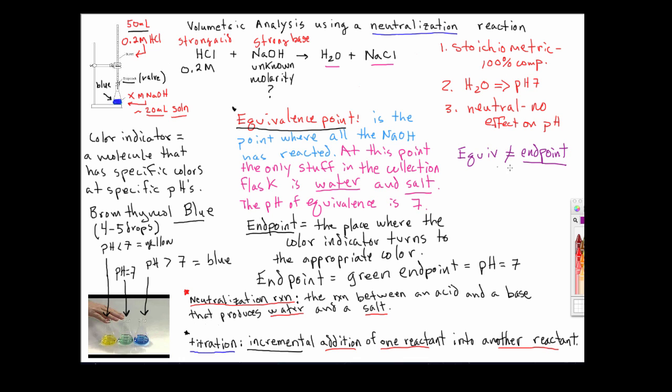The whole issue is that the endpoint of the color indicator and the equivalence point of the reaction need to be suitably close enough together that you can actually use the endpoint to know where to end the reaction and actually shut the stopcock down and shut off the flow of acid into the collection flask.